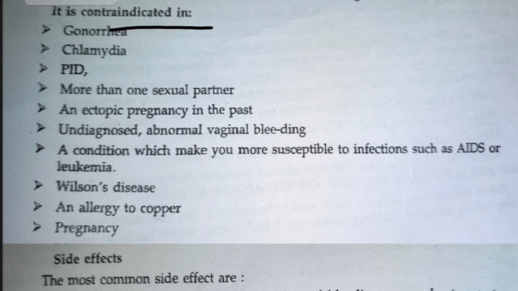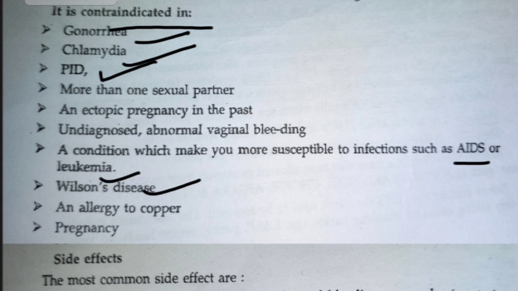Contraindications of IUDs: if a woman has any sexually transmitted diseases or infections like AIDS, gonorrhea, chlamydia, and PID, or any infections or diseases like Wilson disease and leukemia, she is not advised to use it. If the woman is allergic to copper or is pregnant, she is not allowed to use it.